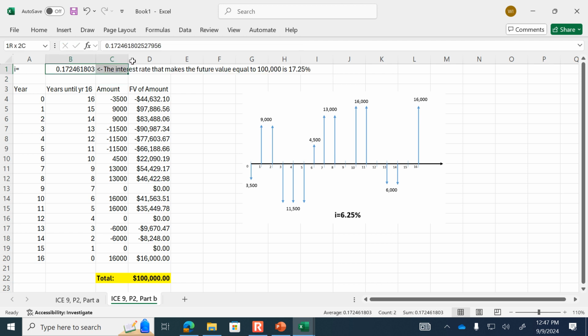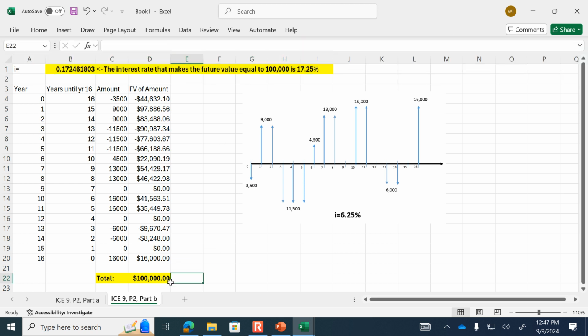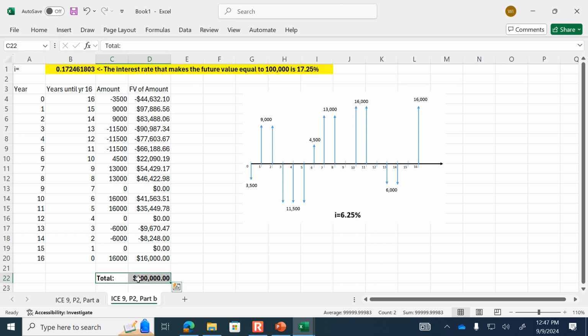Okay, so if this is a homework problem, I'd make that in bold because this is my answer, and I guess it would be okay to leave this bold, but I wouldn't necessarily make it highlighted anymore because that's 100,000 isn't the final answer. The final answer is what's the interest rate? And the answer is 17.25%.